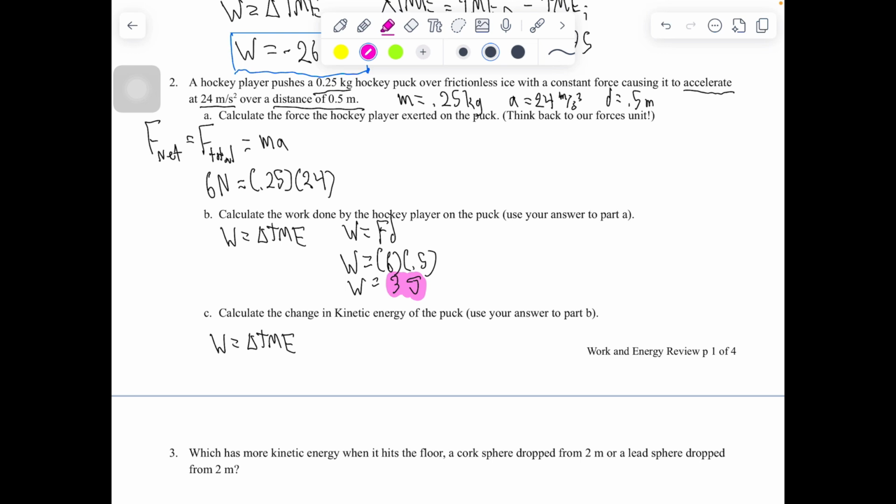The hockey puck is not gaining any height, it's not heating up, so that work must all go into the kinetic energy, and the puck is gaining 3 joules of kinetic energy. So that change in kinetic energy is going to be 3 joules.